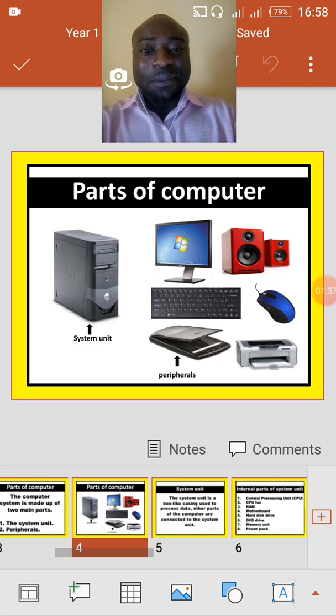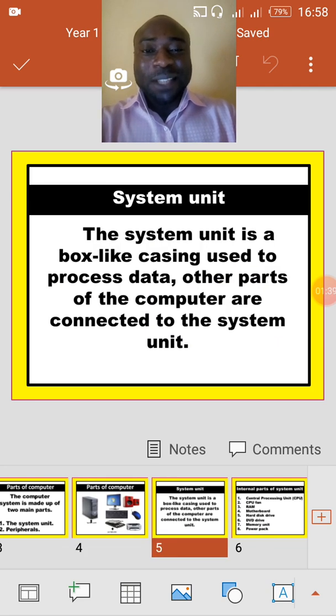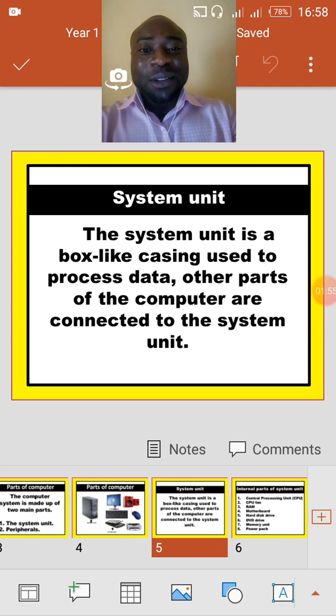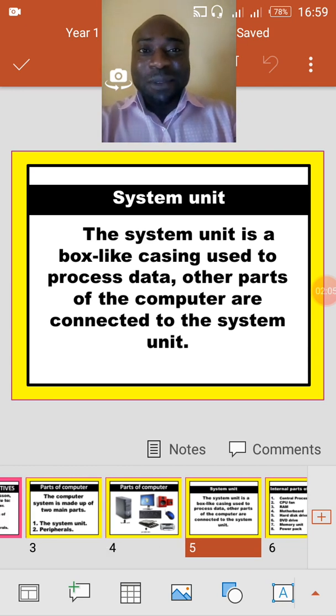Now, what do we mean by system unit? The system unit is a box-like casing used to process data, and other parts of the computer are connected to the system unit. That is, when you see a computer system, especially desktop computer system, it has the system unit and other parts connected to it.